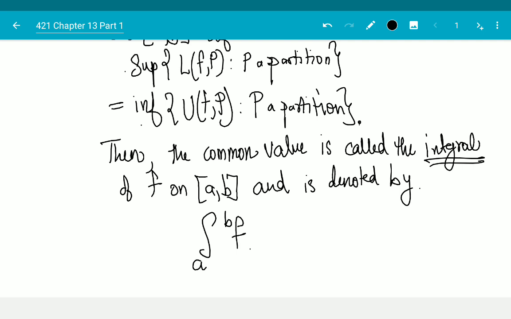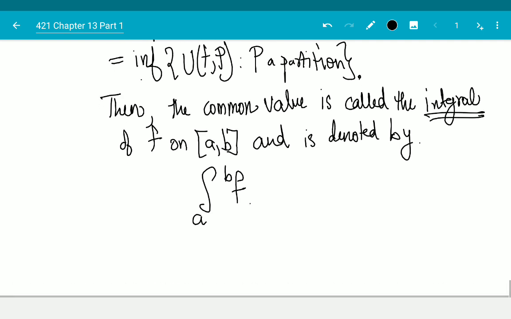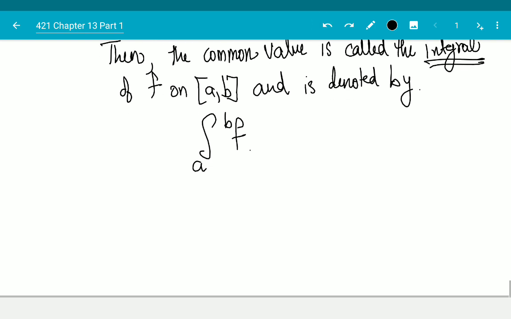So this is called the integral of f over a to b, and we denote the value by the integral from a to b of f. In case some of you have forgotten, this symbol right here is the symbol of an integral. Okay, exercise.